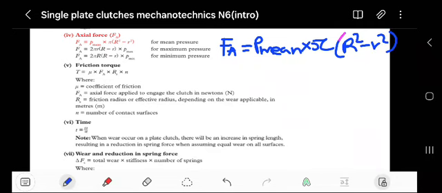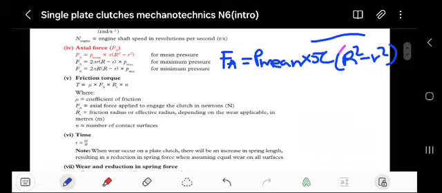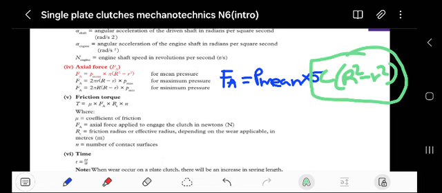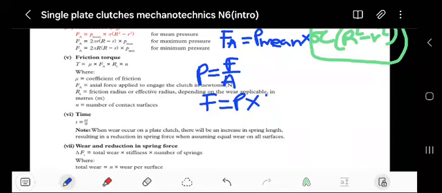Do not be confused, guys. This is simply an area. Remember, pressure is equal to force over area. Now we want the force, which will be equal to pressure multiplied by area.